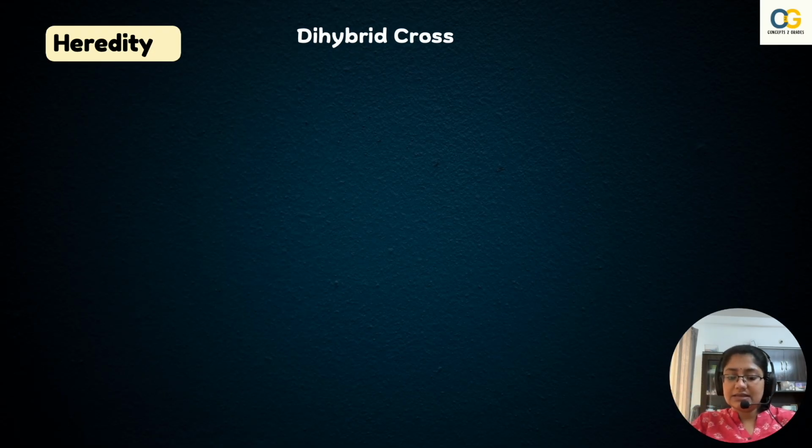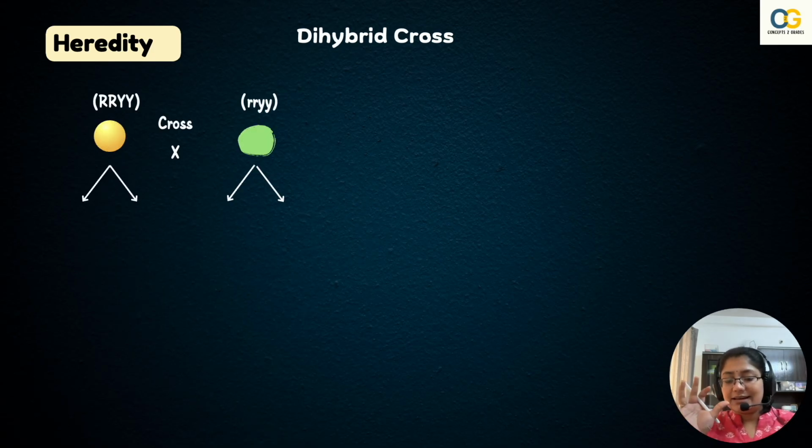So what he did is he took round and yellow seed and wrinkled and green seed of pea plant. Now you should understand that it's a round and yellow seed. Round is the shape and yellow is the color. So he's judging 2 characteristics, color and shape of the seed. So he took a pure round and yellow.